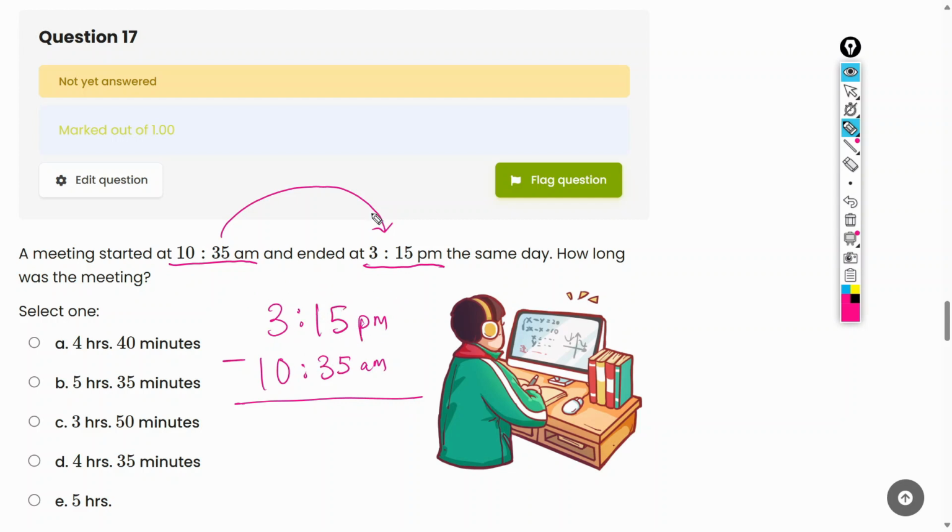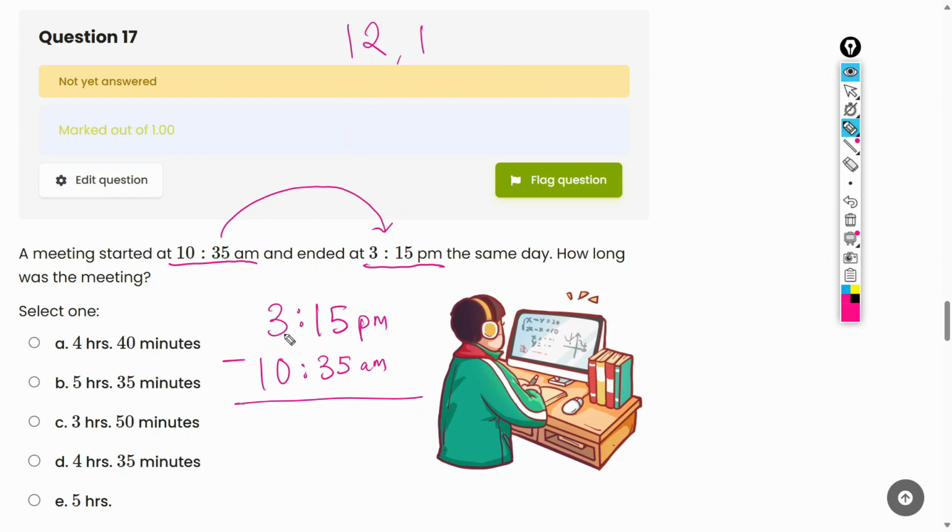So recall that your time counts from 0 to 1 to 2 to 3 to 4 all the way to 12. And after 12, we start counting from 1 again. But in hours, if we are counting hours, then we'll keep counting from 12 to 13 to 14 to 15 and so on.